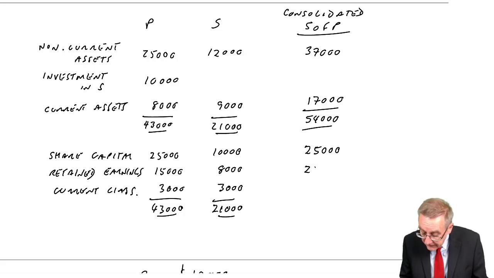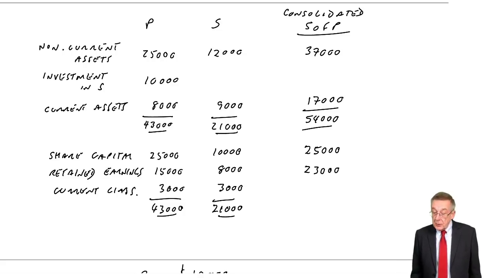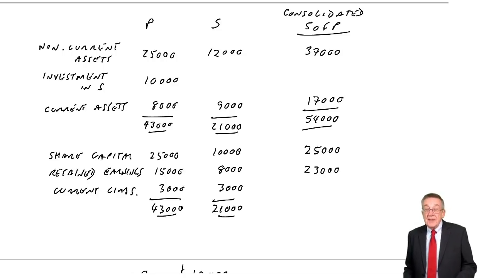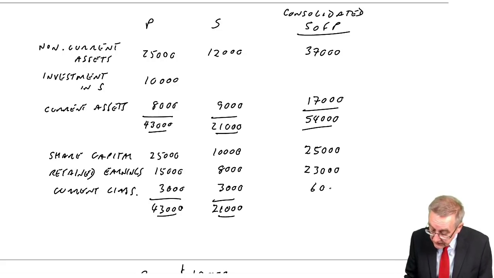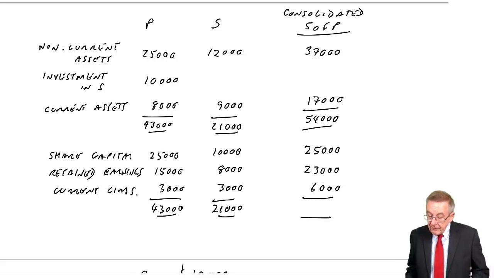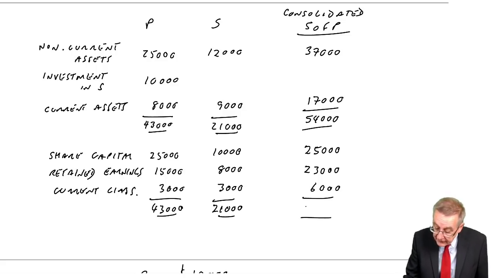So in total, the earnings belonging to our shareholders are 23,000. And the current liabilities, again, as though it's one big company, 3 plus 3, 6,000. Let's check it adds up. 48, 54,000. And there we are.